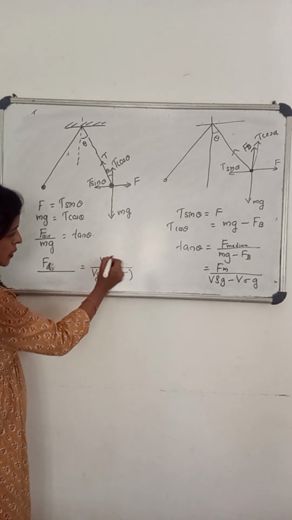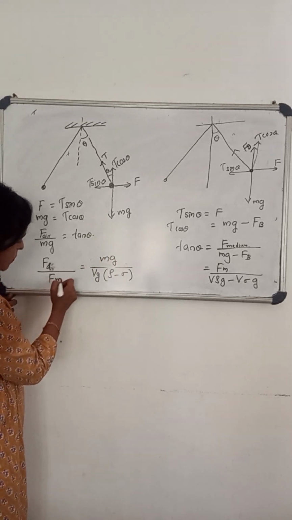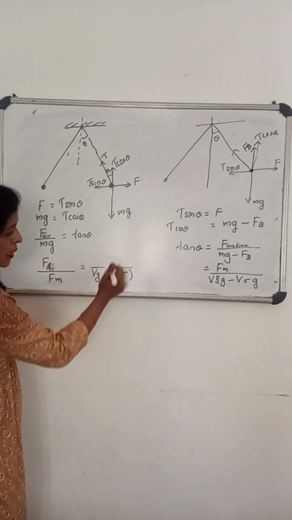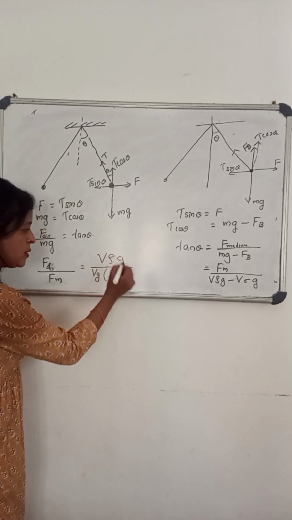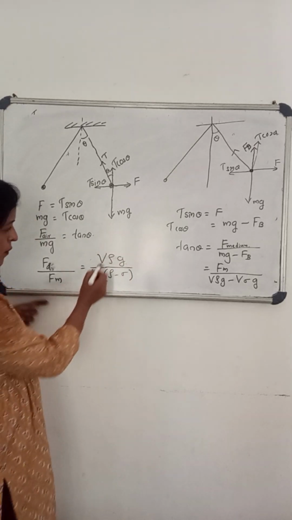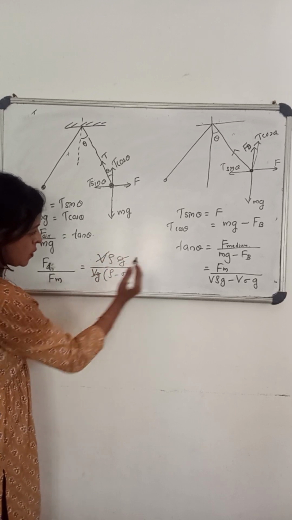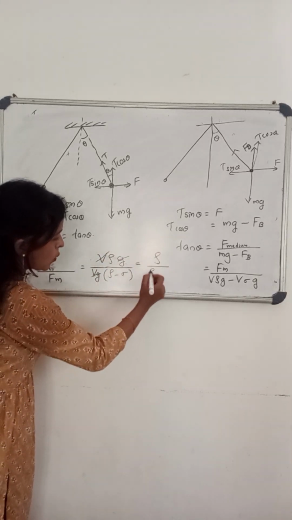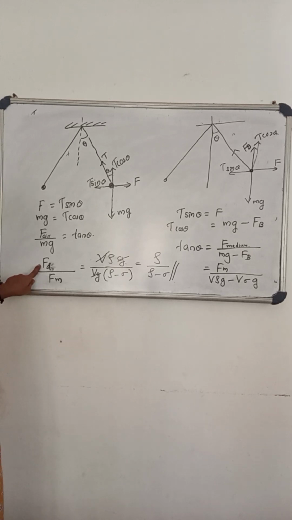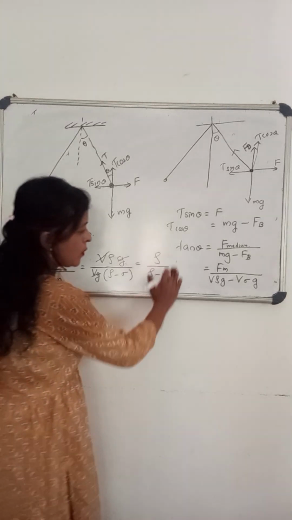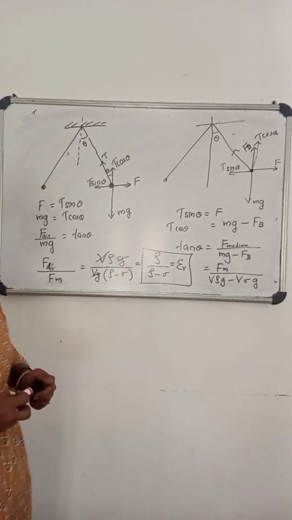We know that mg we can replace with V rho g, and Vg cancel each other. So rho by rho minus sigma. What is Fa divided by Fm? That is rho by rho minus sigma.